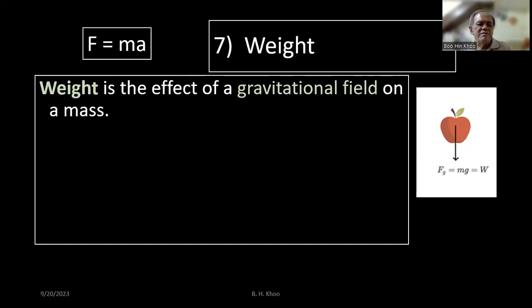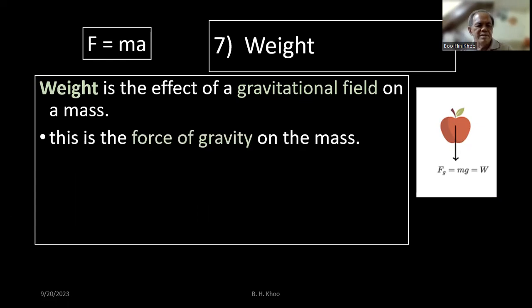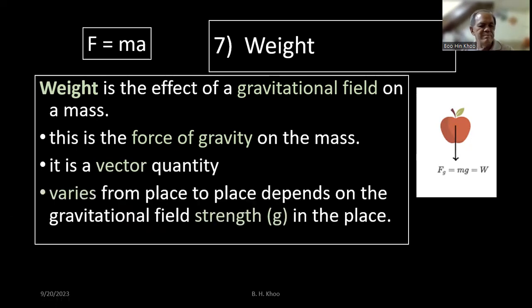So weight is the effect of the gravitational field on the mass. It's the force of gravity on the mass. It's a vector quantity. So it varies from place to place, depending on the gravitational field strength g in the place. Gravitational field strength and acceleration due to gravity are the same term.